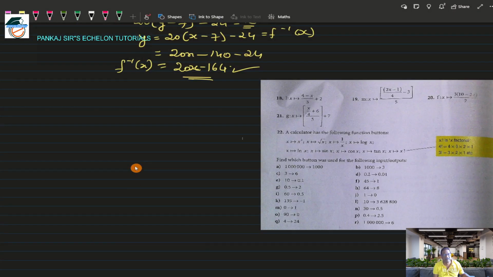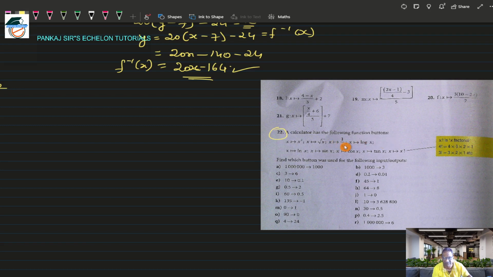Right. So we are on question number 22. Now, in this question number 22, if you see carefully, a calculator has the following function buttons.